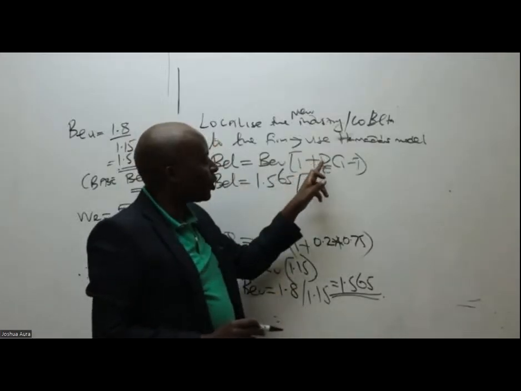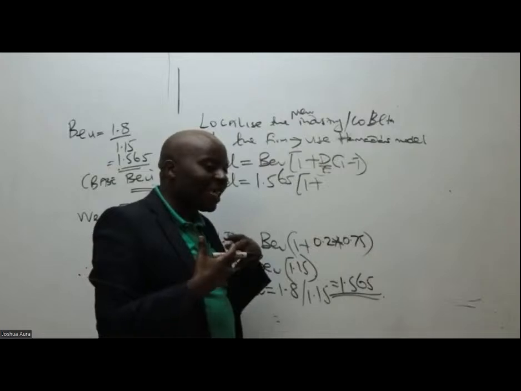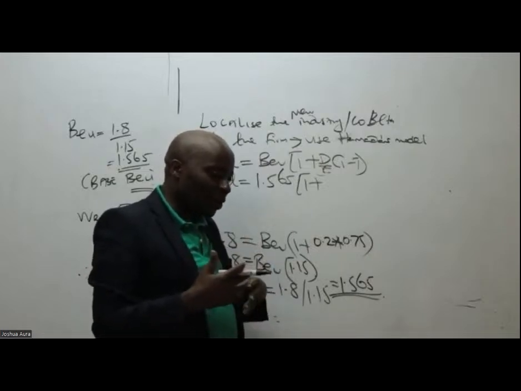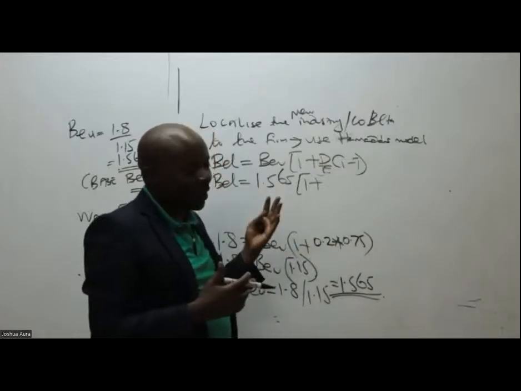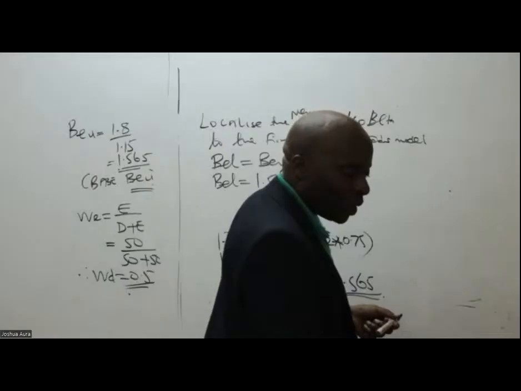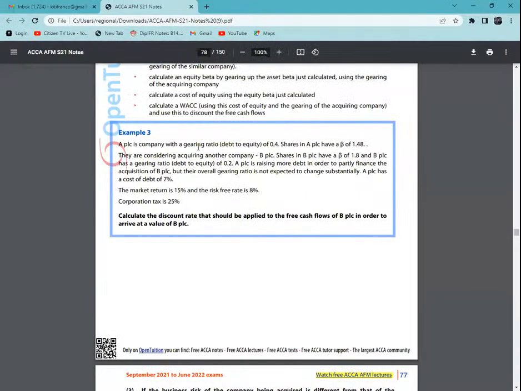The debt to equity ratio of the company, in most cases, is normally given in the question, like Roman 1, Roman 2, Roman 3. But here we don't have Roman 1, 2 or 3. Then I have to go back to the debt to equity of the company as it was given up there. A PLC is a company with a gearing ratio of 0.4.